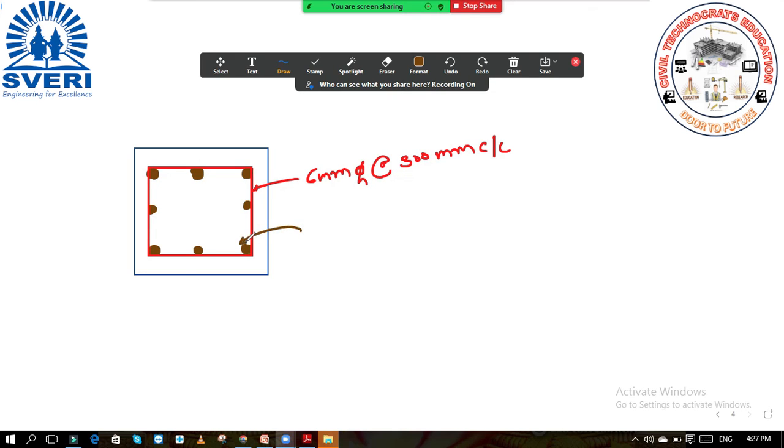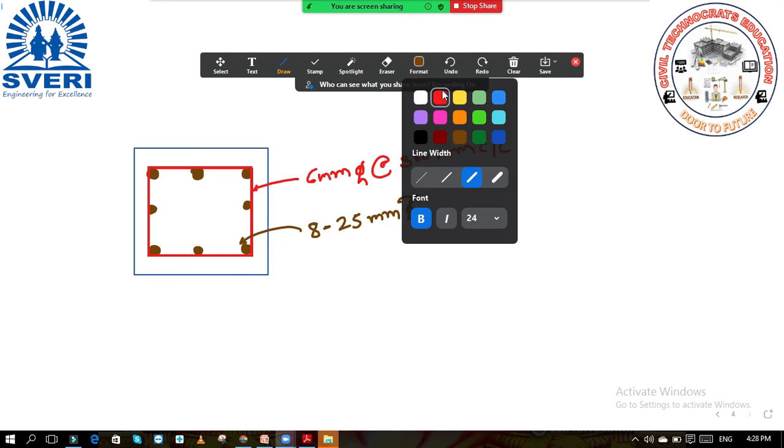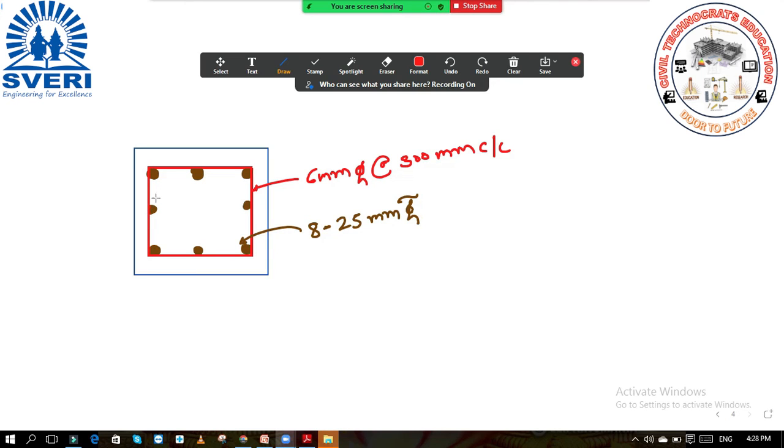These are 8 bars of 25 mm in the column. If you want to strengthen this column more, then even if you tie it tighter, it is not wrong. But if you want to provide additional ring reinforcement, additional stirrups, then you can also tie these bars like this. So this can be tied like this also.